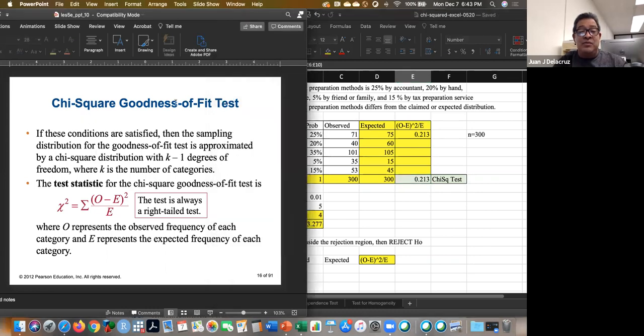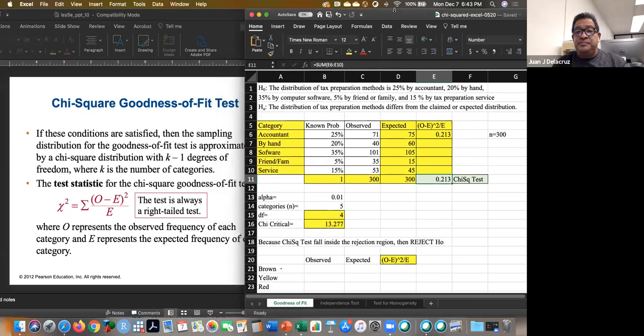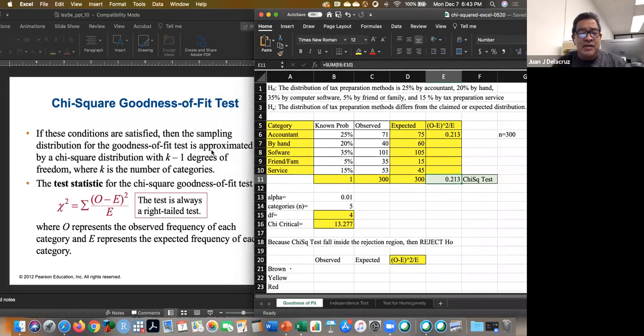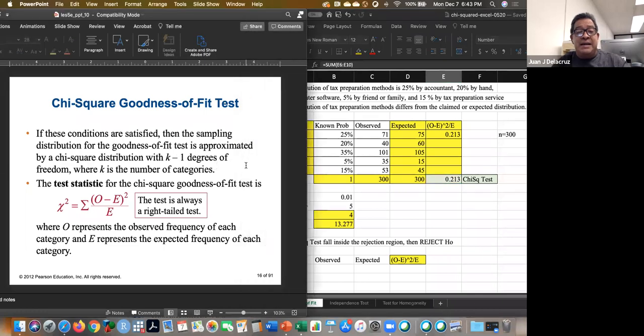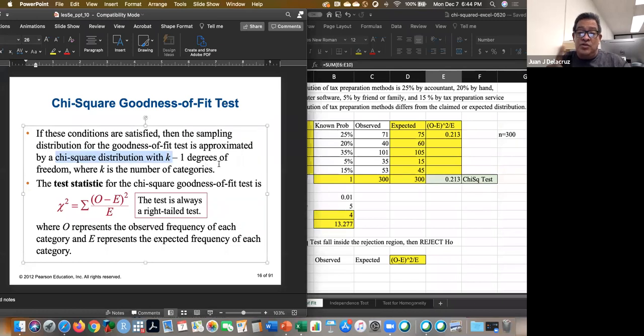Some things we need to know: if these conditions are satisfied, that we have a random sample and all the values in the expected are bigger than 5, then the sampling distribution for the goodness of fit is approximated by a chi-square distribution with k minus 1 degrees of freedom. Remember, for some distributions we need the degrees of freedom.